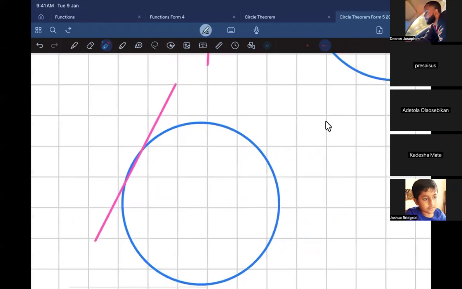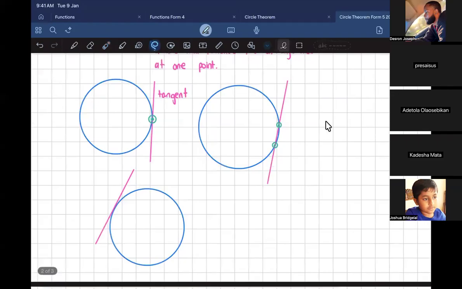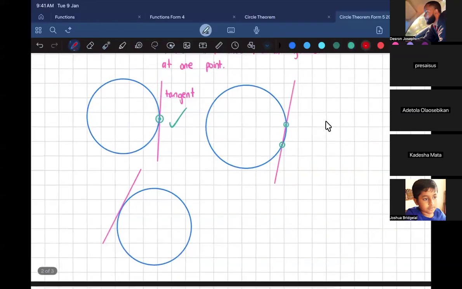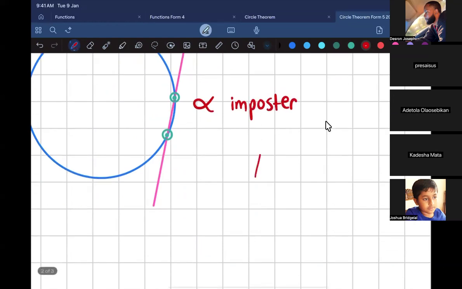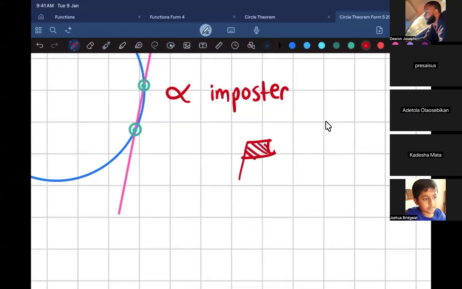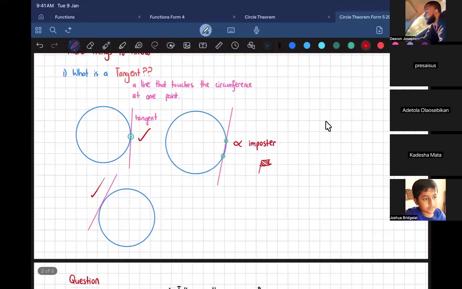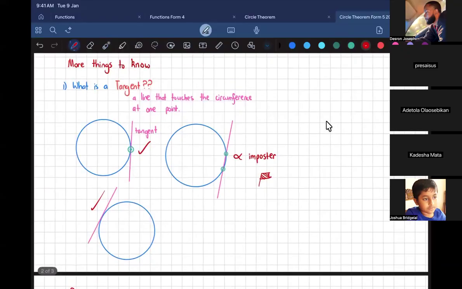Twice. That's not a tangent. That's a red flag, right? So this is a tangent. We love this. This is a tangent. This is not a tangent. This is an imposter. It's also a red flag. Ladies, stay away from this. Fellas, I'll let you at it. I hardly have any fellas in class, but stay away from red flags.